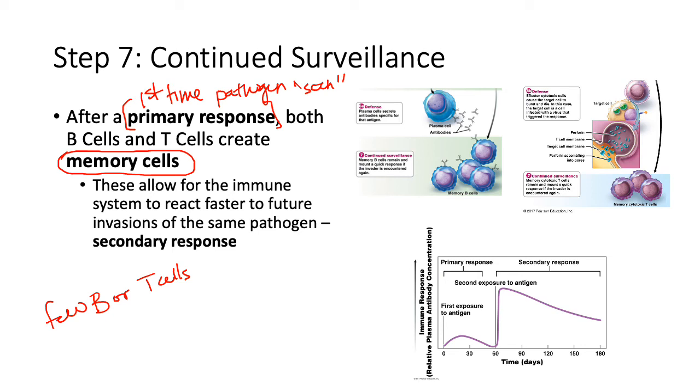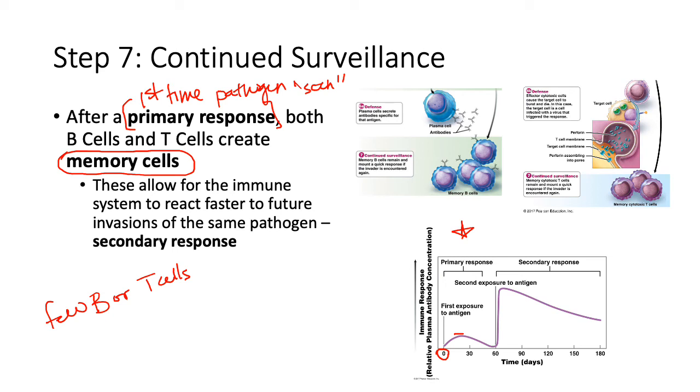The primary response is usually slow, and that can be seen in this graph at the bottom of my PowerPoint. Notice that you can have your first exposure to an antigen, say at day 0, and we see an immune response, and it's pretty big. That's a good immune response.